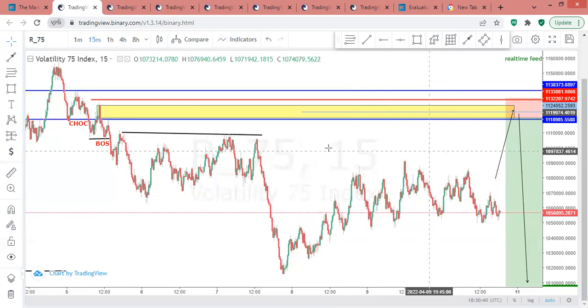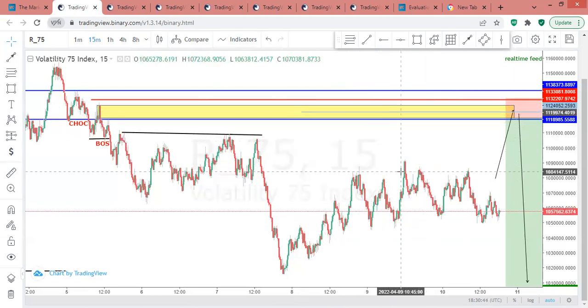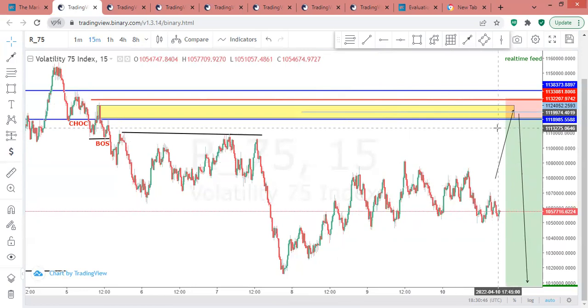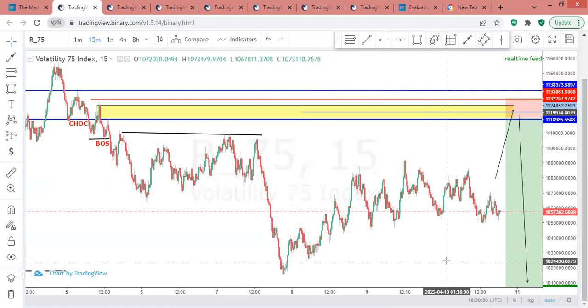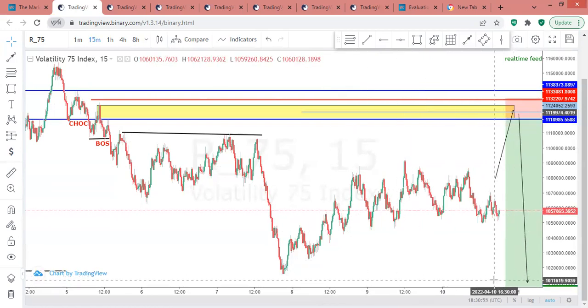So that's what I'm looking at on VIX75, and my sell limit is there already. So I'm just waiting for price to come back and tap me in. Then I take my trade, and I'm looking to come out of the trade, let's say around there. So that's how to actually approach the market.